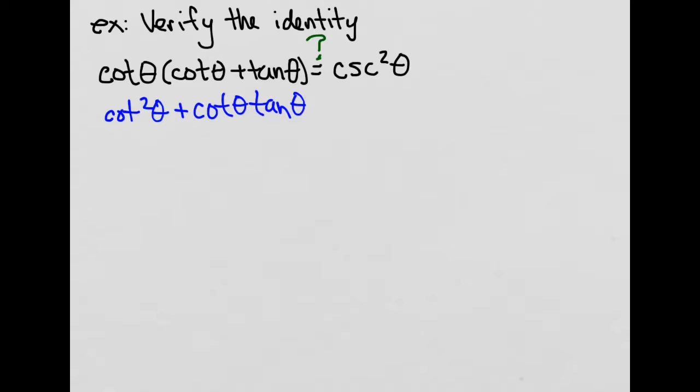That is because cotangent is the reciprocal function of tangent. So cotangent is 1 over tangent, and that's being multiplied by tangent theta. And then we'll notice that tangent theta over tangent theta cancels, so that'll just be 1.